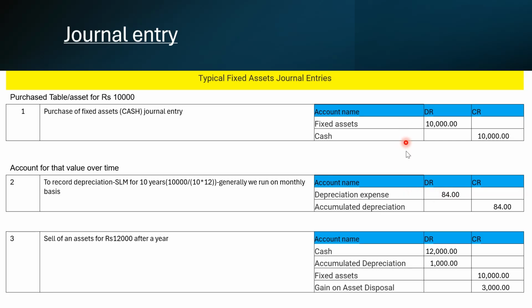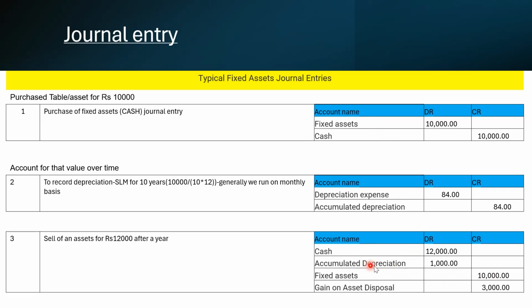Now here comes selling of an asset. Suppose you are charging this for 1, 2, 3, 4, up to 12 months. Now you have come to the end of the fiscal year, and you are thinking to sell this asset for 12,000 after a year, right? So in this scenario, I'm assuming that I'm going to sell for 12,000, so I'm going to receive cash of 12,000. Since I'm selling my FA account, this will go under credit, so the opposite entry we will pass for 10,000.